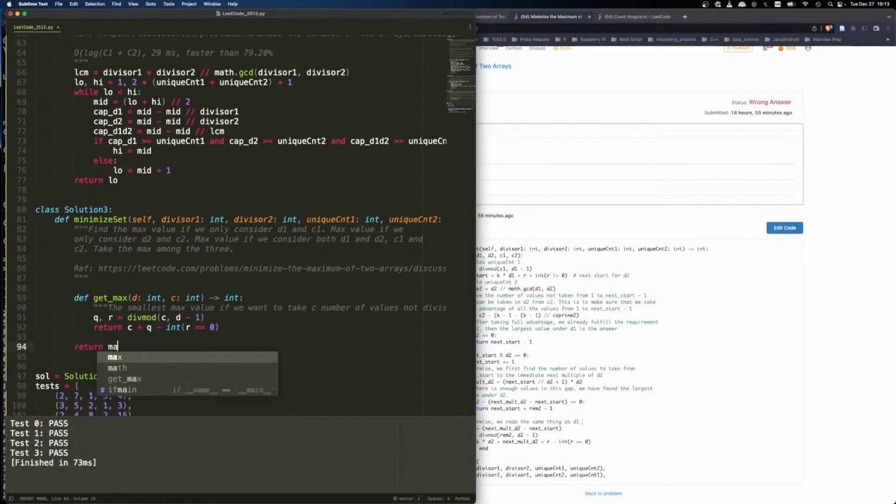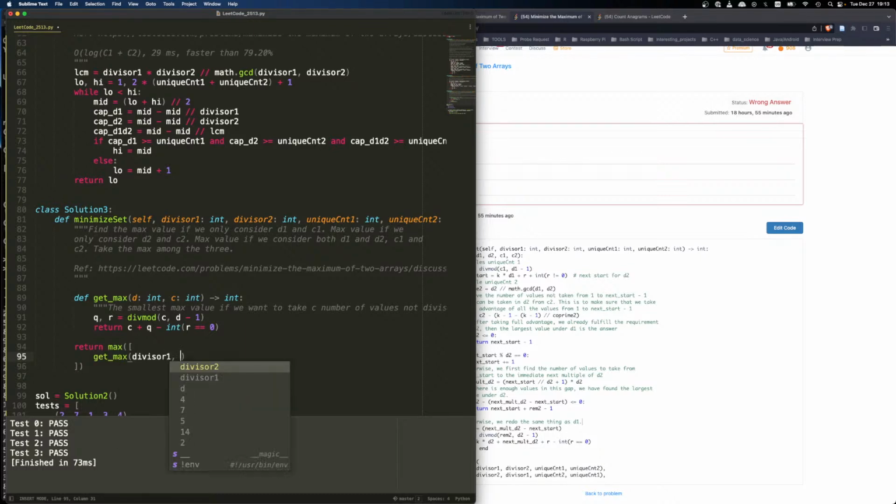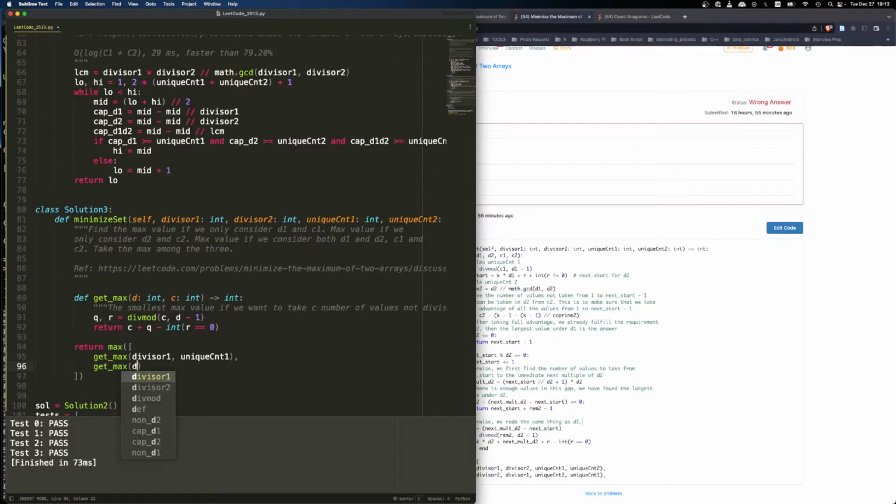Then we just return the maximum of, actually I think we'll have to do it this way. The maximum of get max with divisor 1 and count 1, because it works. We can do D1, we can do D2, right? And we can do both.